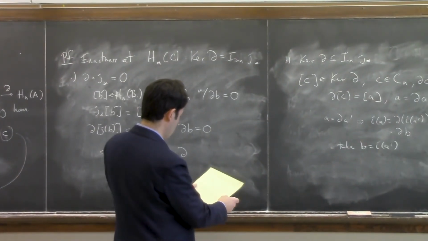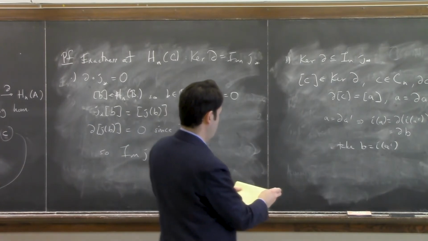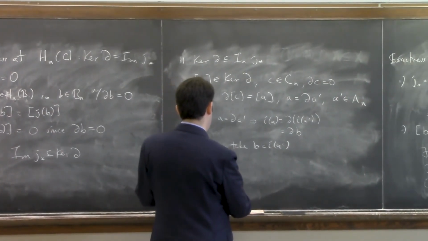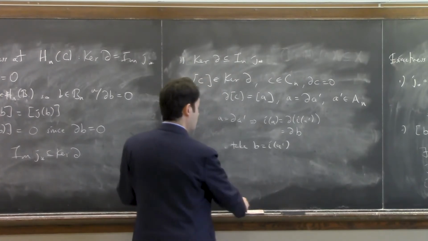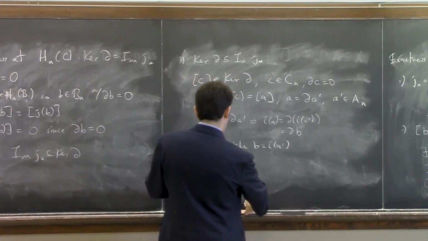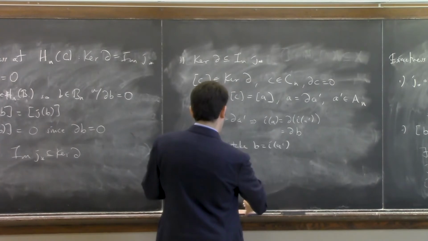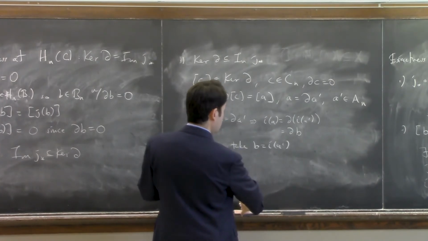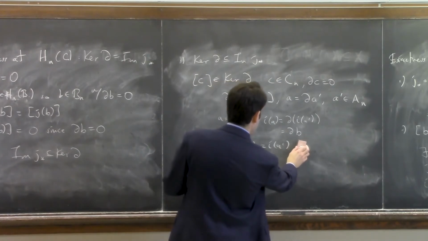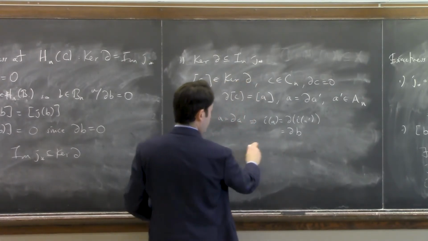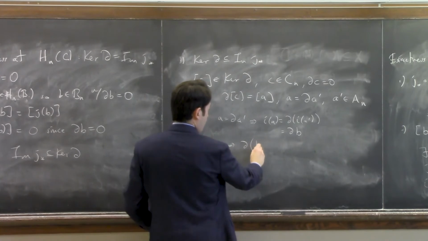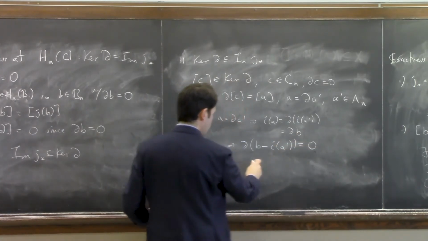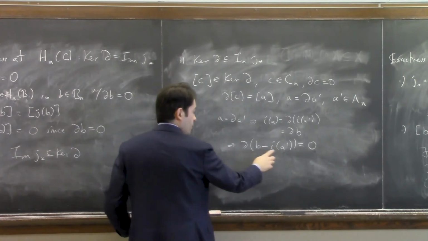Exactness at C. Right, okay, so what I should have said here is this tells us that boundary of B minus I of A prime is equal to 0, perfect. So this is a cycle.